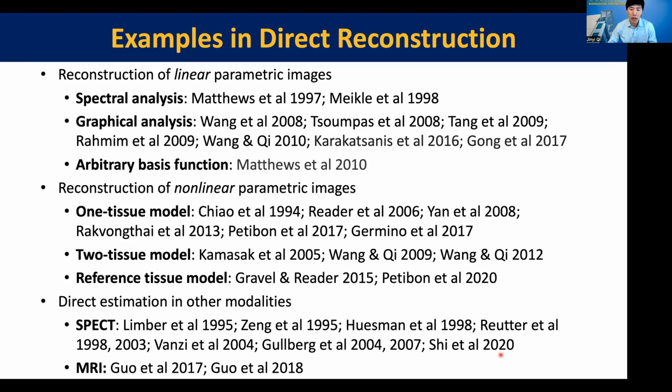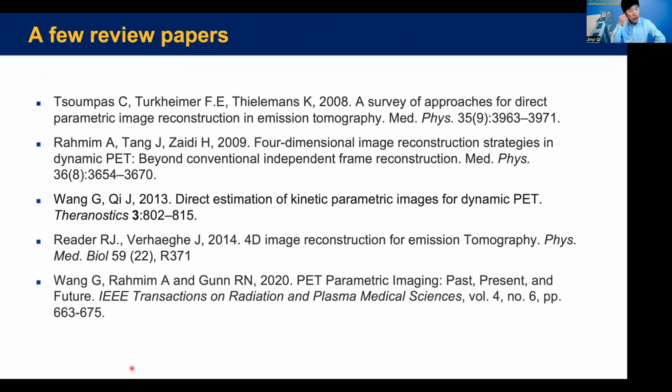Some later work really tries to use direct reconstruction to reduce noise. It also has application in dynamic MR to estimate kinetic parameters. For people who are interested in probing further, there are at least a few review papers here.